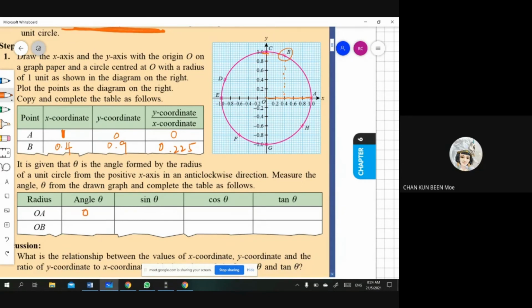It is actually 0, class. If I draw it here, how much is it? 90. If this one, 180. If this one, 270. So this one is a 0, okay? So when they ask you to find the rest of the trigonometric ratios, sine 0.